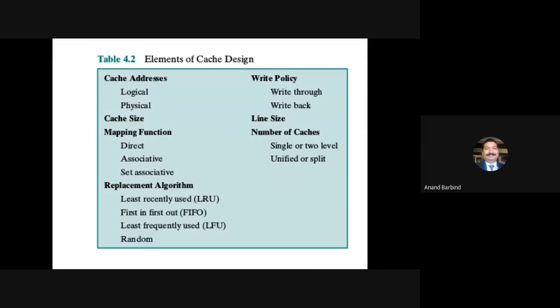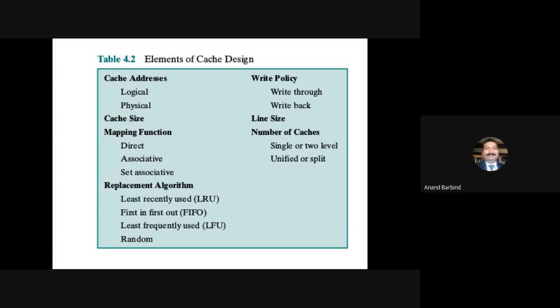Usually in the instructions, whatever address is used is the logical address, whereas the main memory uses the physical address. But as far as the cache is concerned, it uses the logical address.